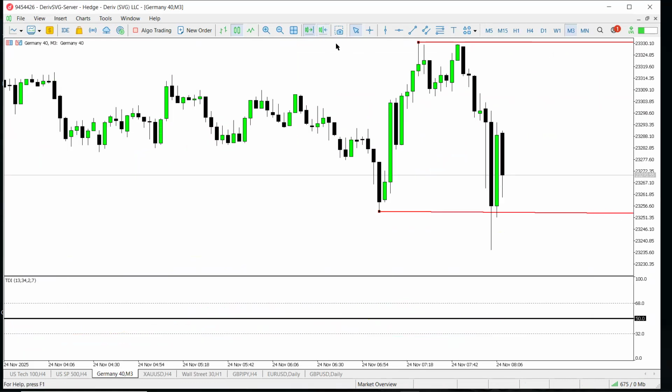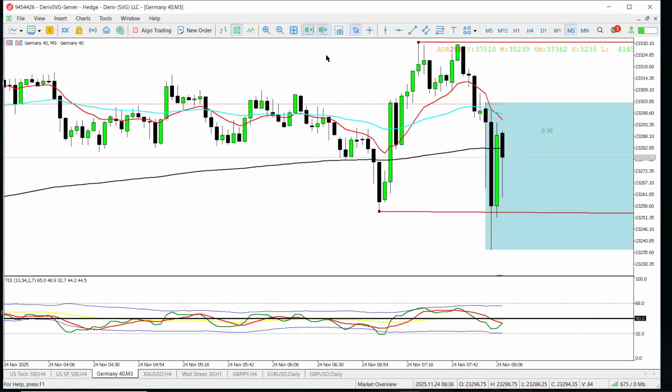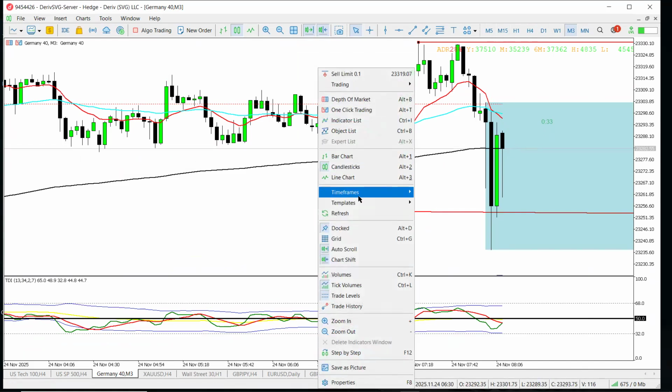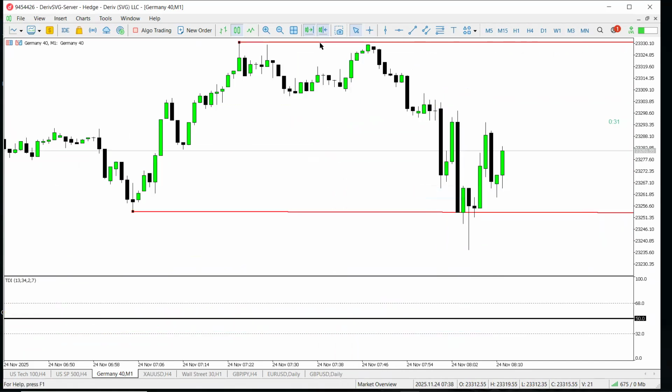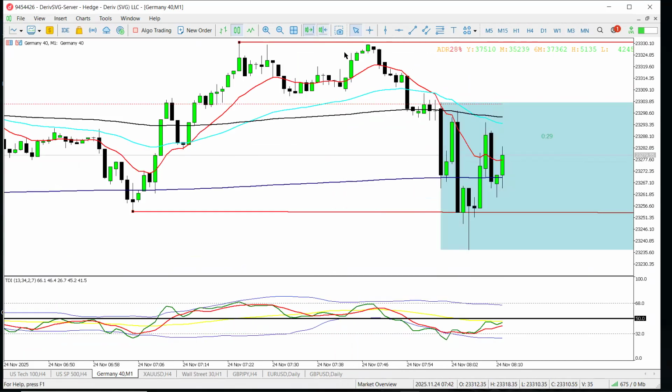So this is currently active. So let's just actively stalk it. Let me see what's going on the M1. Okay, M1 is tapped into a fair value gap. Okay, let me see if I'll actually execute this trade on my phone. I'm trying to check which account I'm going to use for this particular trade.